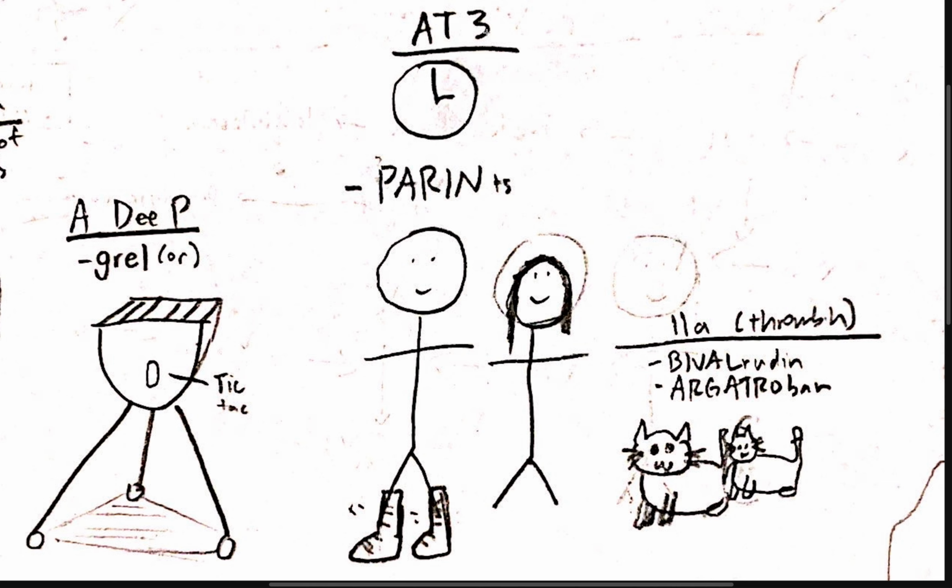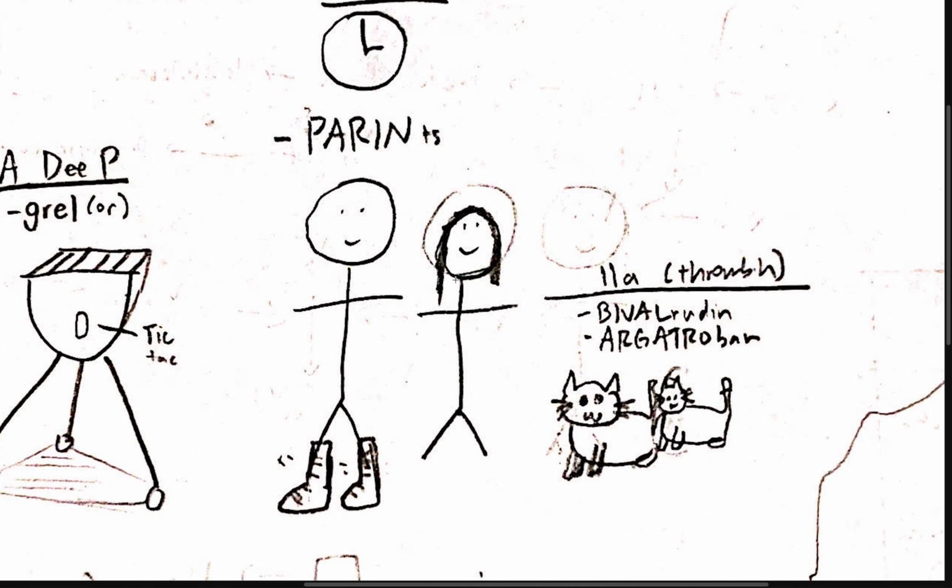The way you can remember this is that the parents arrive at 3 o'clock to the picnic. The drug names for the parents are heparin, dalteparin, enoxaparin, and this is the one that has XA in there, but don't worry because the parin supersedes the XA. And then there's fondaparinux. The dalteparin and enoxaparin are low molecular weight heparins.